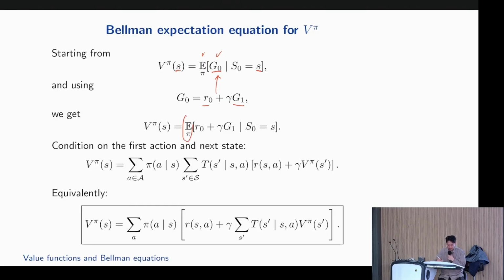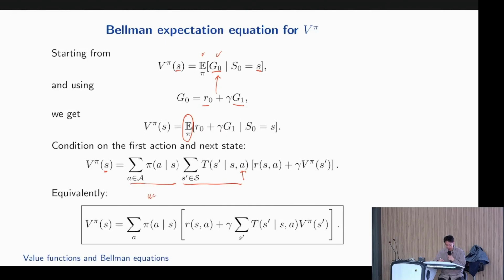Let's unpack this expectation a little bit. This means we're starting at S, and we're going to take the expectation under the immediate action A. Then once we execute that action, the environment dynamics is going to transition us to S prime. So this expectation here is also under the next state.